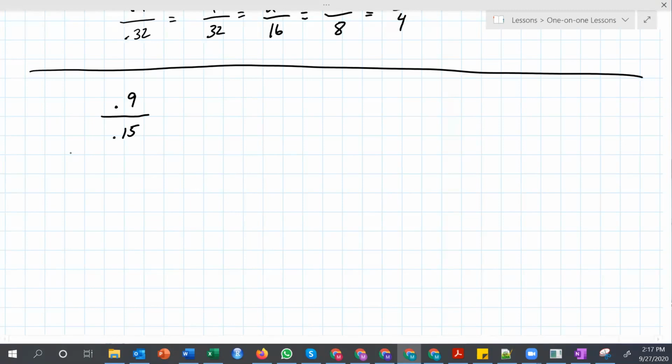Good. So this time, though, 2 doesn't work because 2 doesn't go into 15. So 3 is the next number to try. And you divide each of those by 3. So give that a go, please.